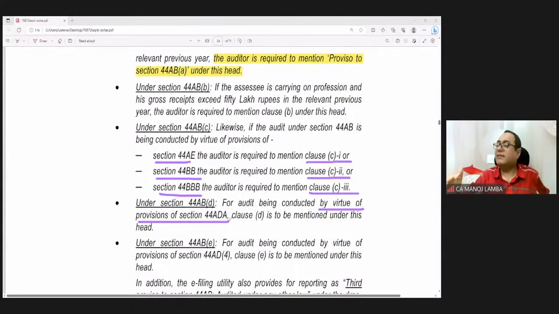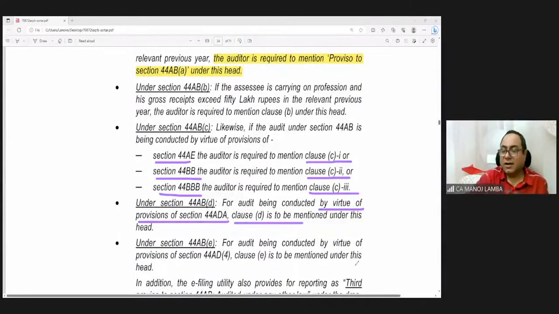In such a case, the mandatory provision of section 44ADA makes the specified professional liable to get their accounts audited from a chartered accountant. If the audit is conducted because of section 44ADA, which talks only about specified professionals, then clause D is applicable, my dear friends. Then clause D is to be mentioned here.